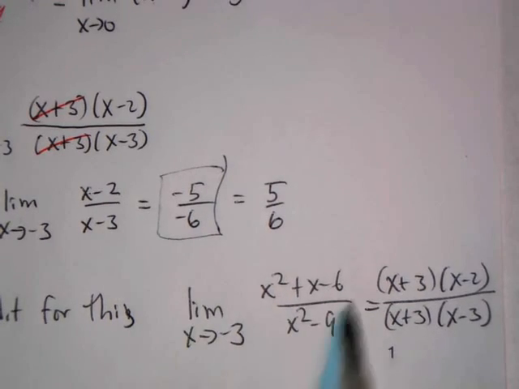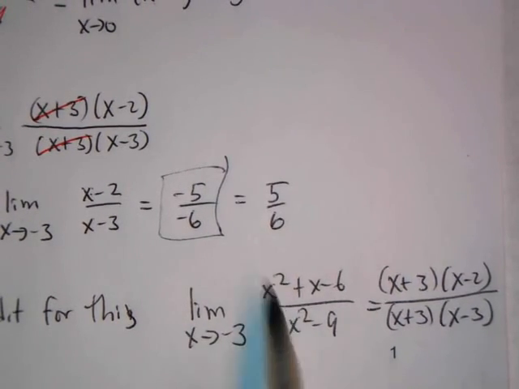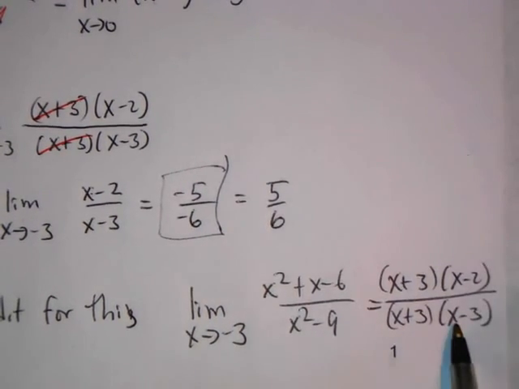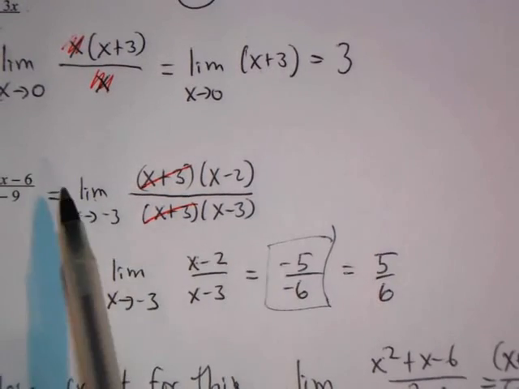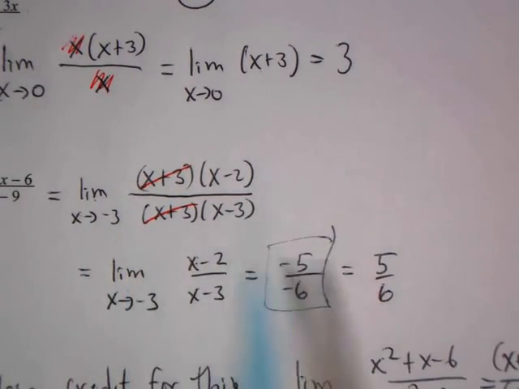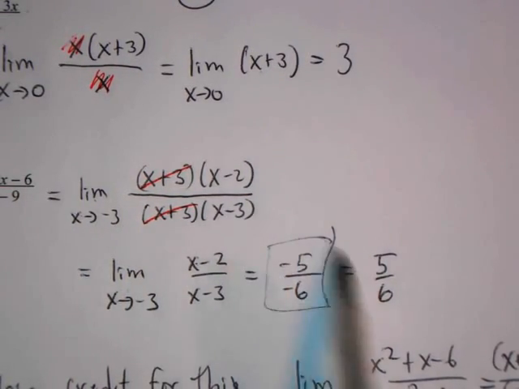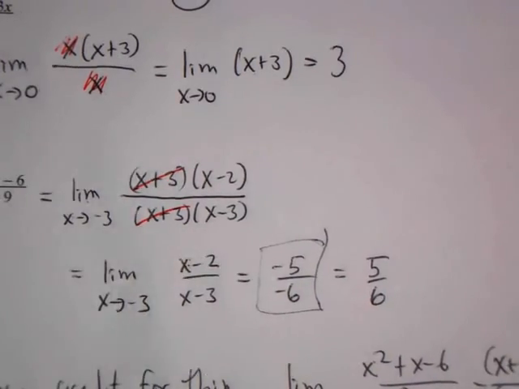This thing on the left is a number. This thing turns out to be the number 5/6, where this thing on the right is a function. So you need to write this limit symbol each and every time until you get to the point where you plug the number in and all you have left is a number. Okay? So, keeping that in mind, you get to do problem C.